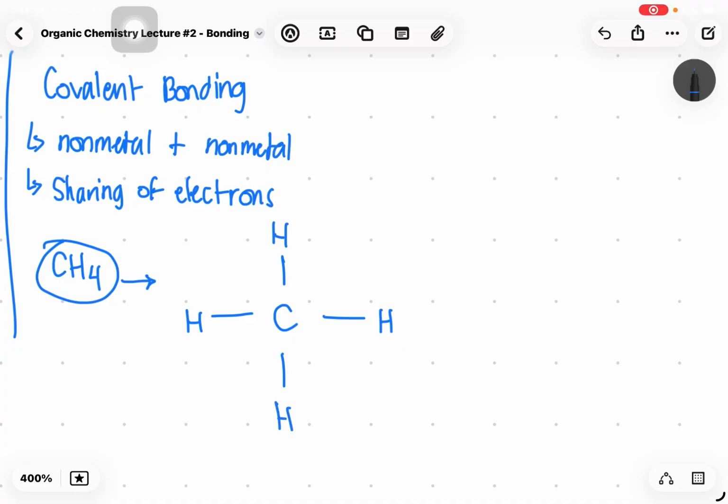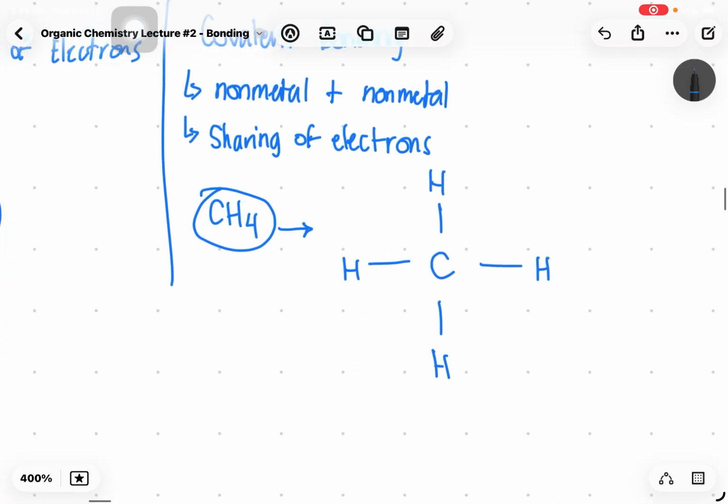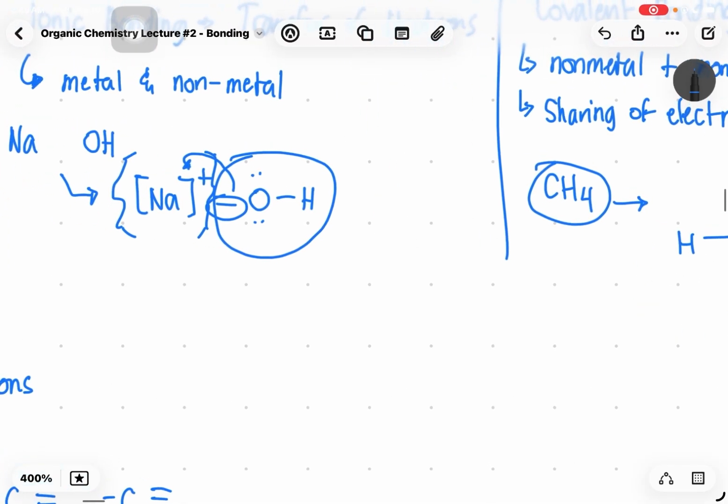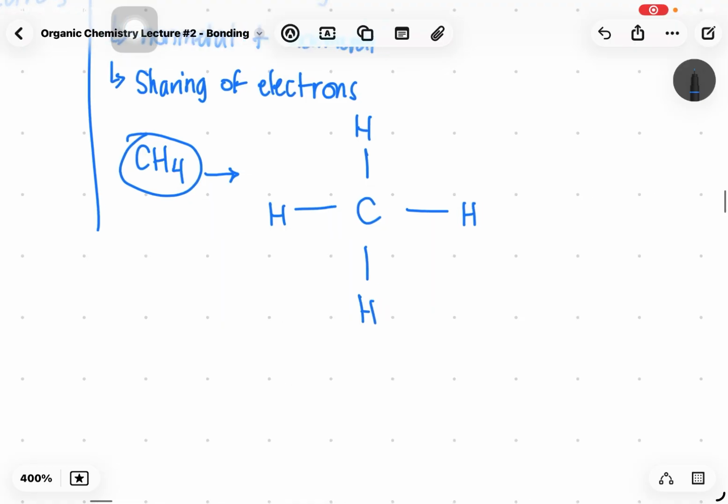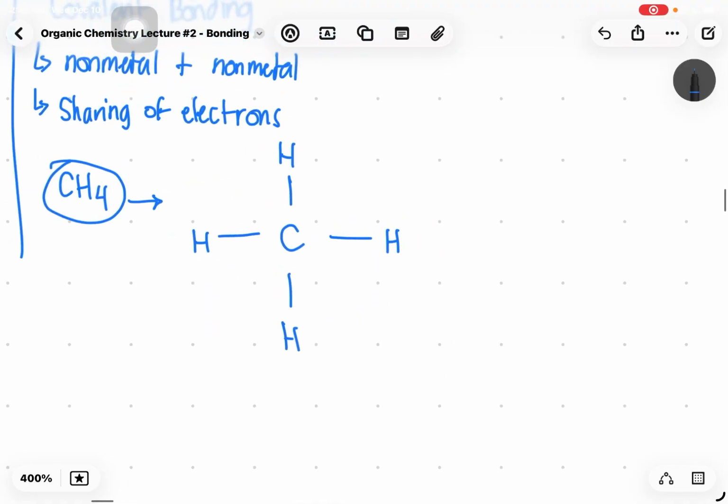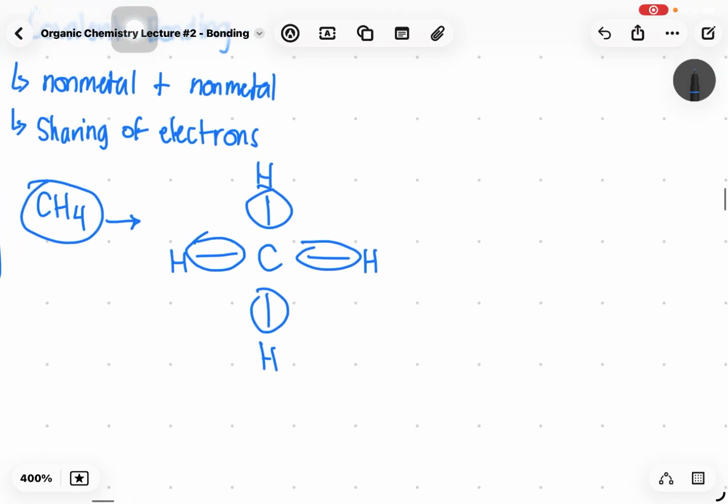So, as you can see, unlike the ionic bonding, there's no bracket or a charge symbol. So for this, all of these bonds are sharing of electrons, as carbon has 4 valence electrons willing to share some room with the singular valence electron that each hydrogen atom has.